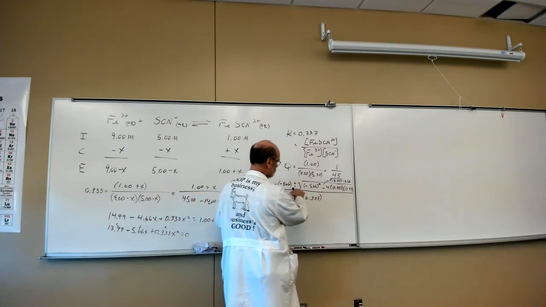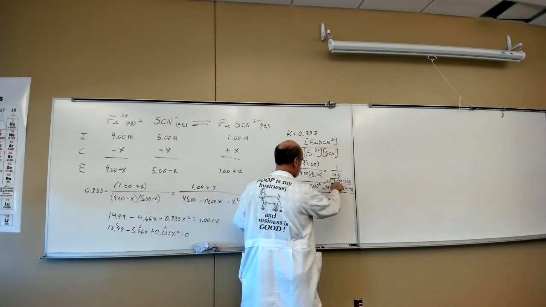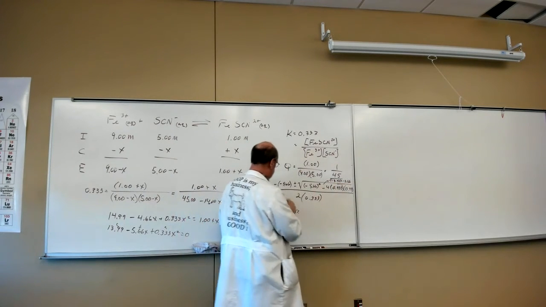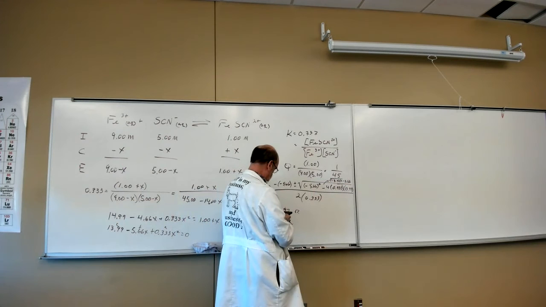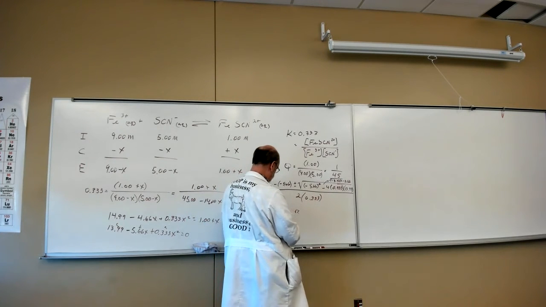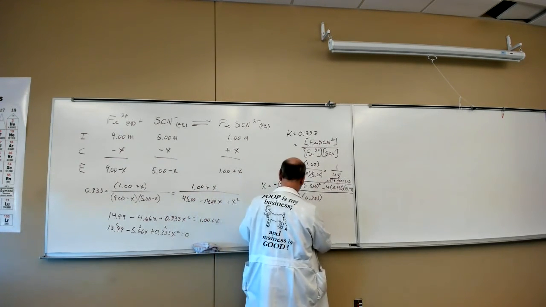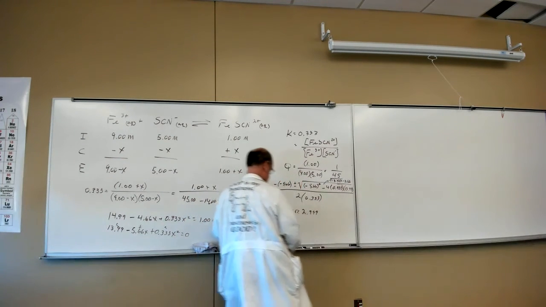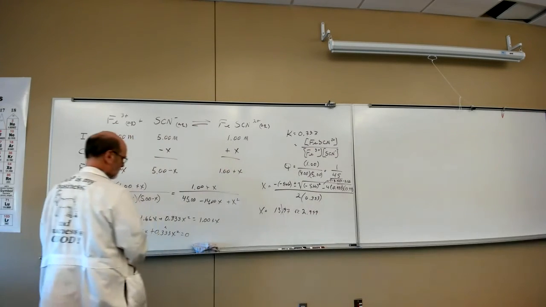So it has to be the second one. So this would be 5.66 minus 3.66, then divided by 0.667 is 2.999, or about 3.